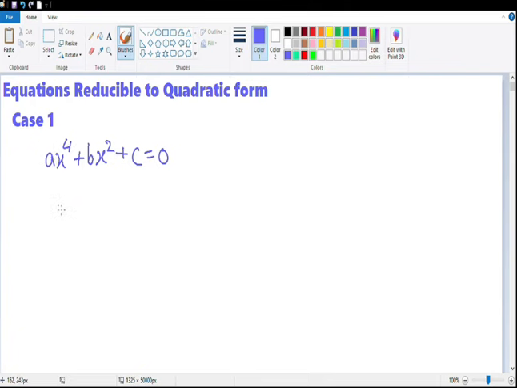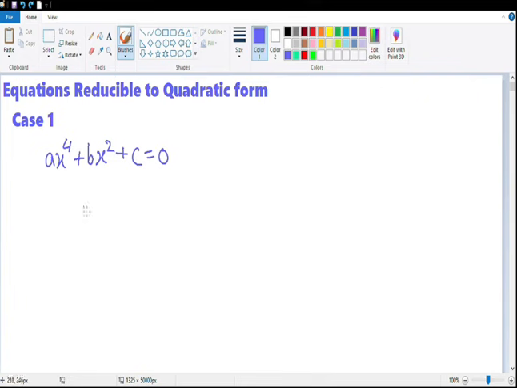We must have a term with x to the fourth power and another term with the same variable squared. It doesn't really matter if we have this constant or not, we can still convert it. So now what are we going to do?